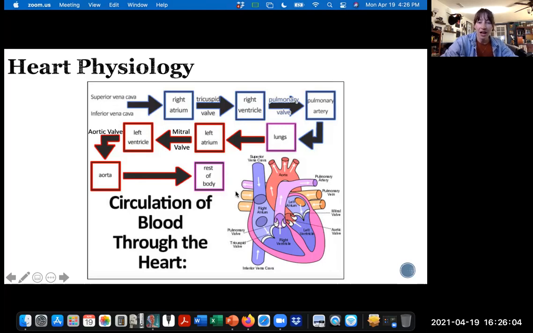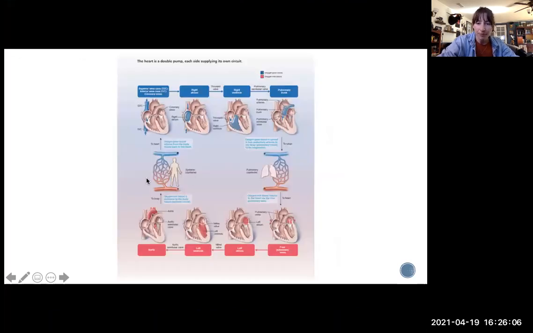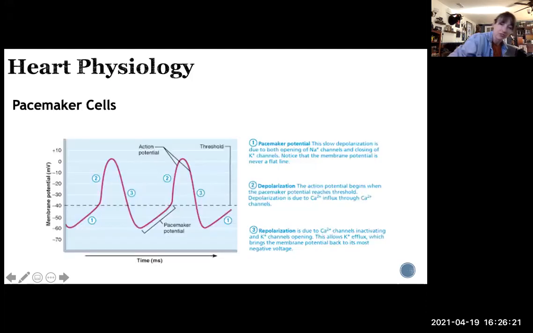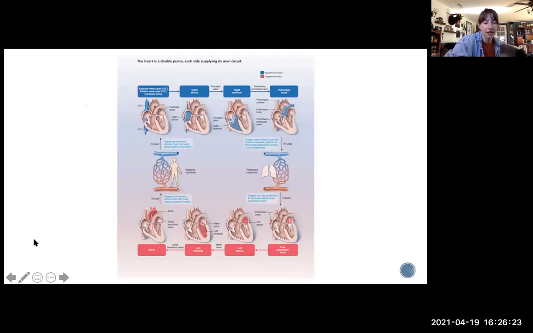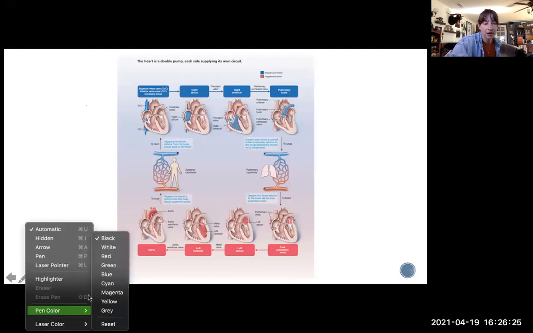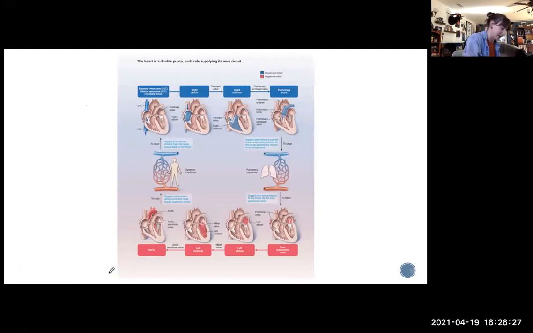So how exactly does the heart coordinate this cycle? Here's another depiction of the cycle, our pulmonary circuit and then our systemic circuit, right? Actually, let's go ahead and label that, because why not, right?